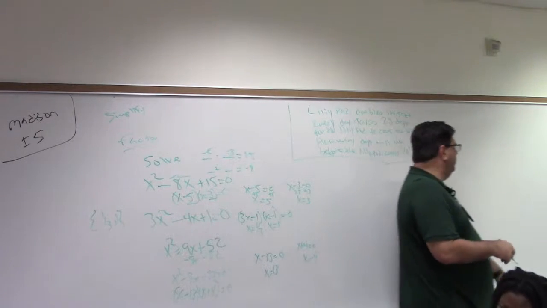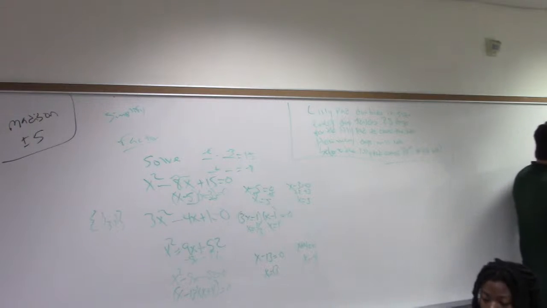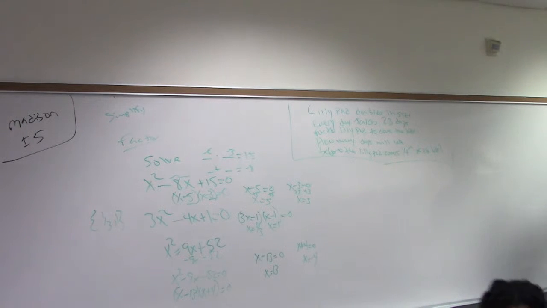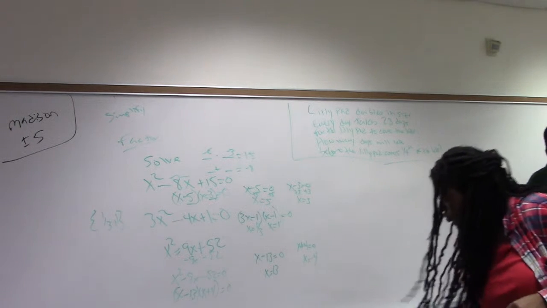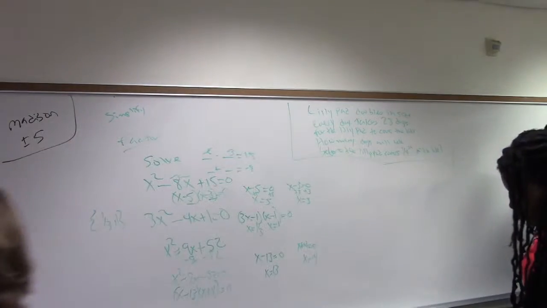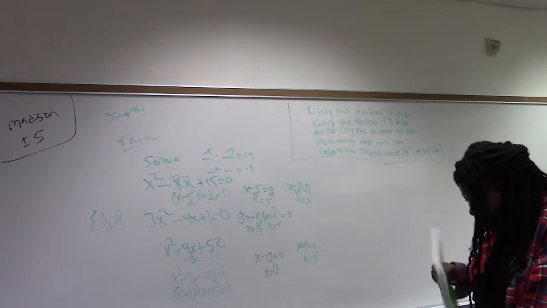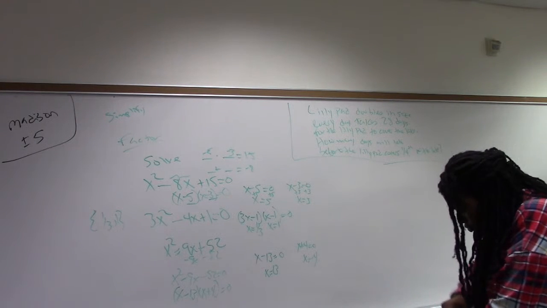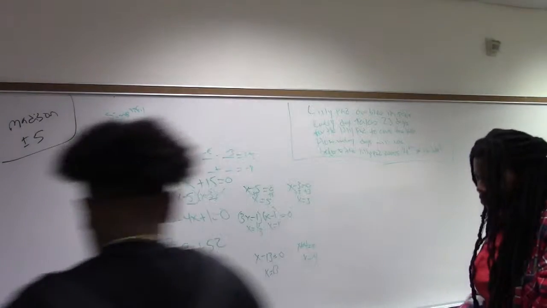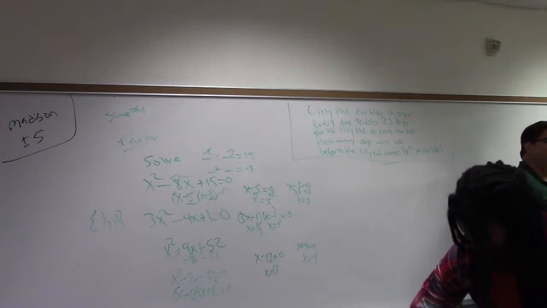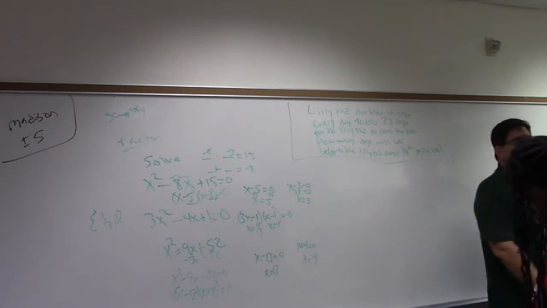Alright, ladies, domain, what did you do? Negative 9, how do you write it? Negative infinity to negative 9? Oh, really? Negative 9 to infinity? Yes, I did that. I got it right here.